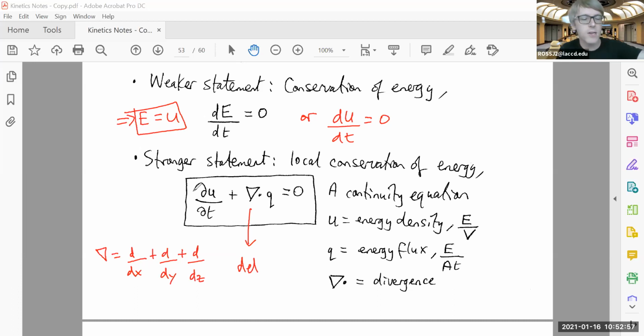And that makes sense. If energy can't teleport, you have to account for its local distribution or local transportation at every point in space. The energy density, the energy per unit volume, can change with time, but if you measure how much it changes with time, and you also look at its divergence, the sum of those two phenomena must sum to 0.